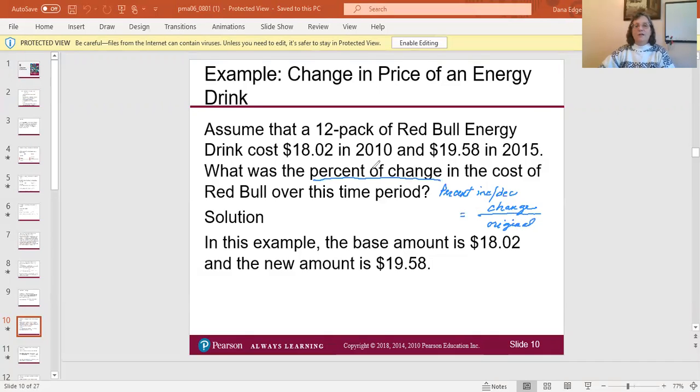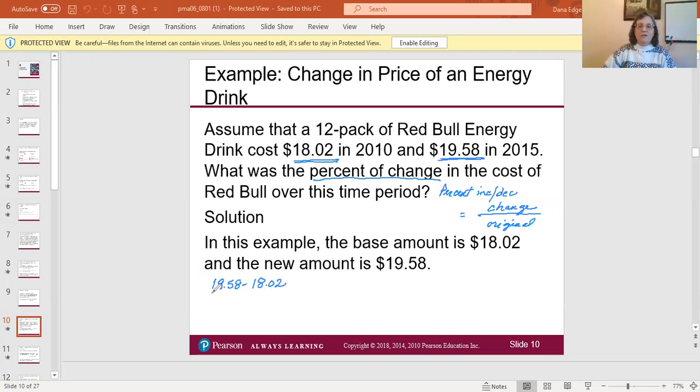So in this case, because it went from $18.02 to $19.58, what we'll be dividing by is the 18.02. So the change is 19.58 minus 18.02.